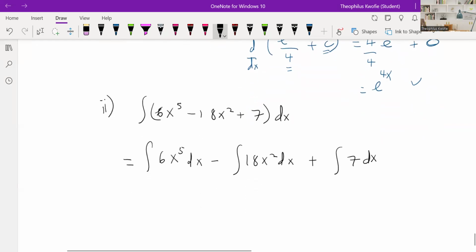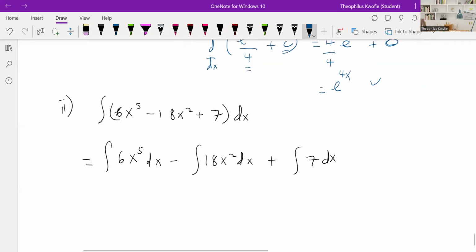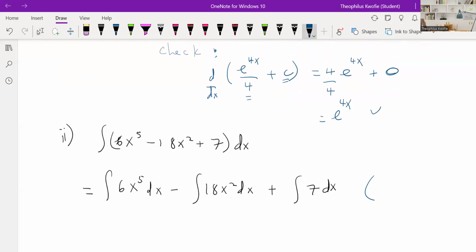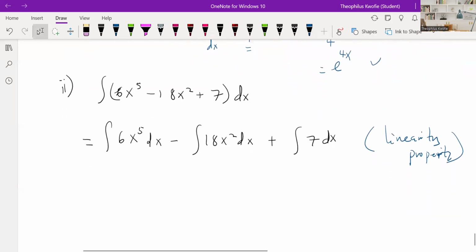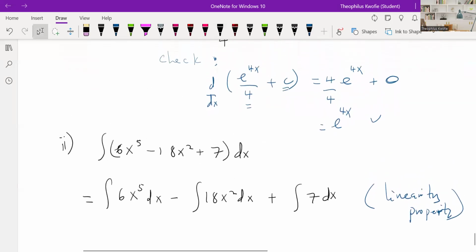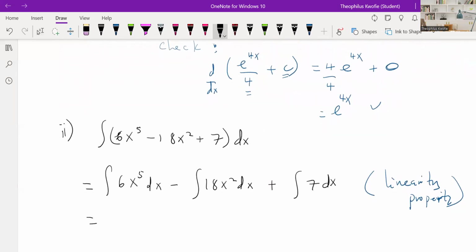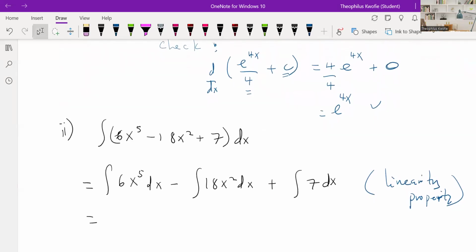We mentioned that the linearity property would allow us to do this, so we use the linearity property or principle. Very important. Now, when we integrate this, for x to any power, we add 1 to the exponent and divide by the increased power.